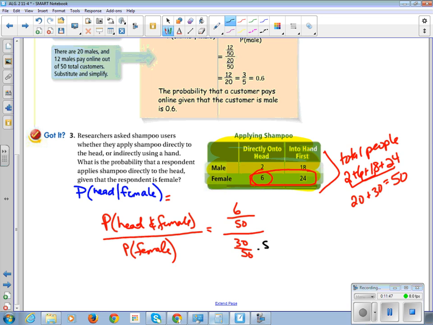If I multiply the top and the bottom by 50, we get 6 out of 30, which is 1/5, which is 0.2. So the probability of applying shampoo directly to the head given that the respondent is female is 0.2.